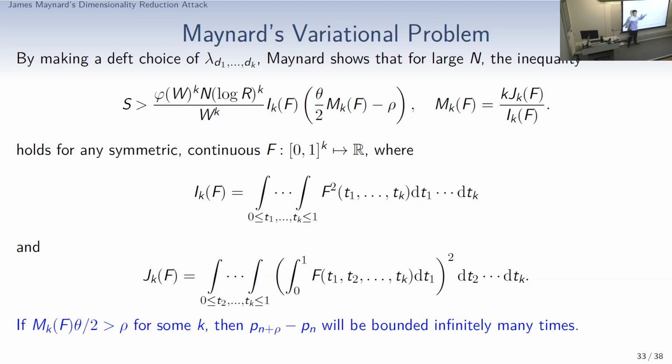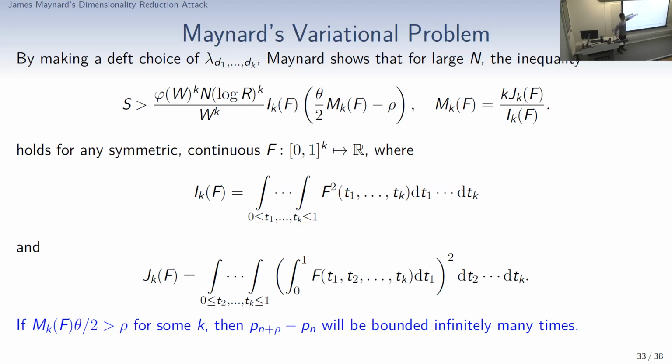And this expression is quite similar to the C2 times theta expression in the GPY sieve. So there are some similarities, but this term is quite different from the original GPY sieve. And M_k is a ratio of k times J divided by I. So these are some multiple integrals. If you integrate a function over some fixed region, then it gives you a number.